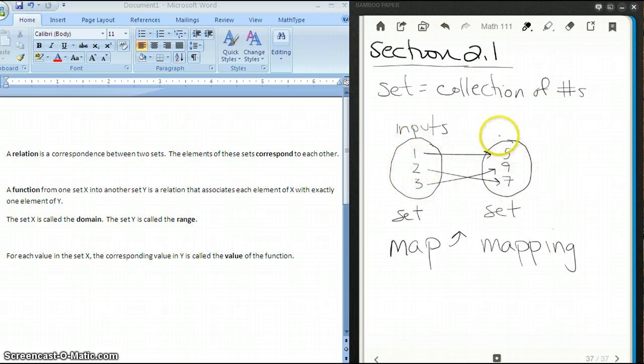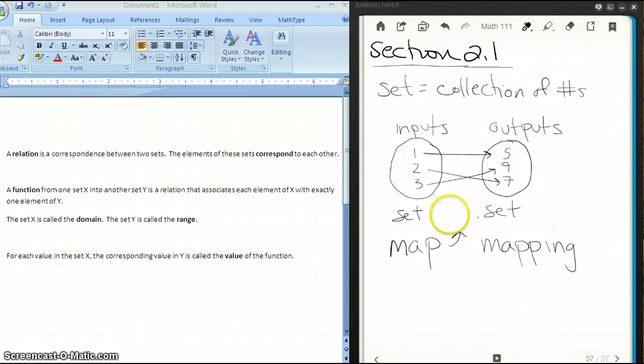The things over here in the right bubble, the things that we end with, what 1 corresponds to, 5, those are called outputs. Again, those are just words we have so that we can make a distinction between this collection of numbers over here and this collection of numbers over here.